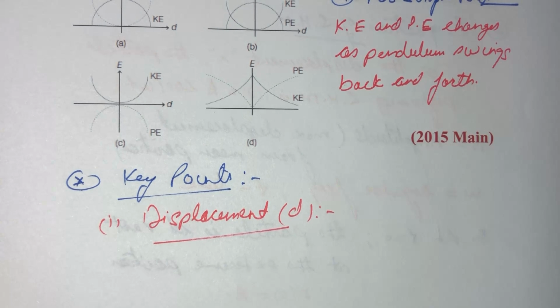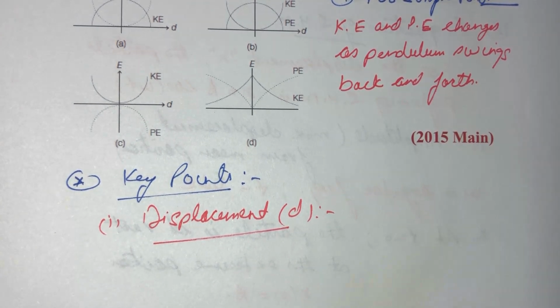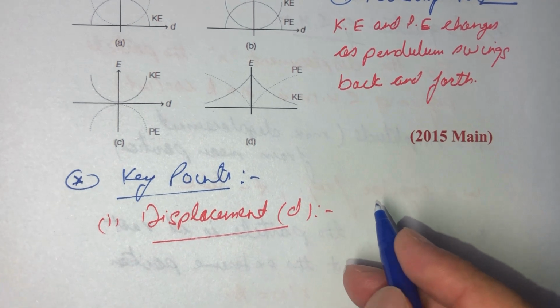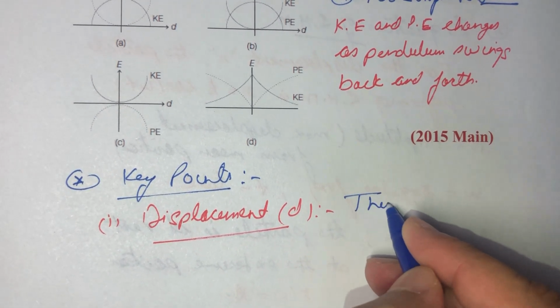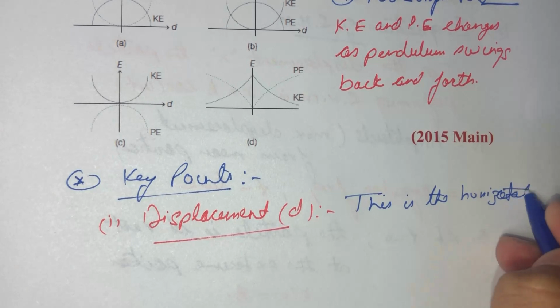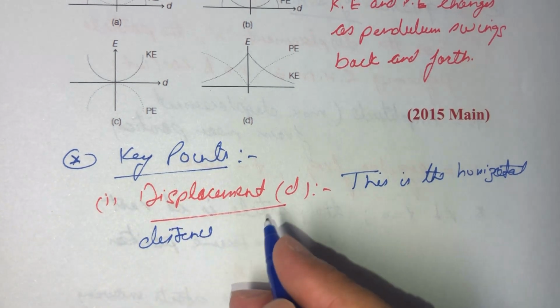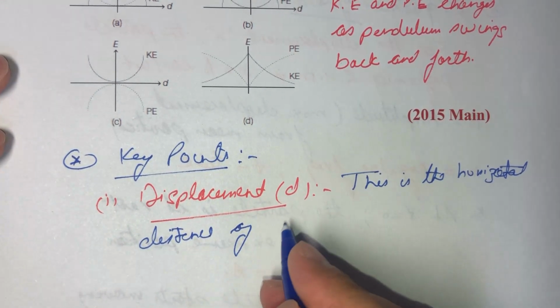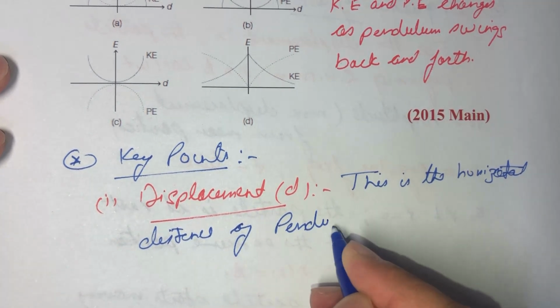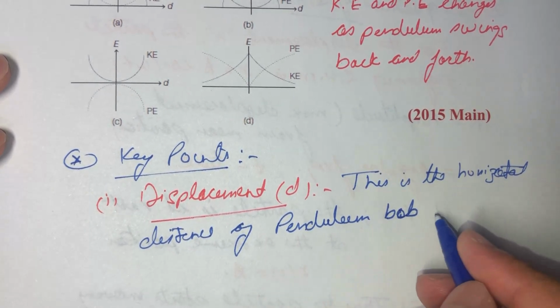So this displacement is nothing but the horizontal distance of the pendulum from its mean position, and mean position is the lowest point in the swing. So we can say displacement d is the horizontal distance of the pendulum bob from mean position.